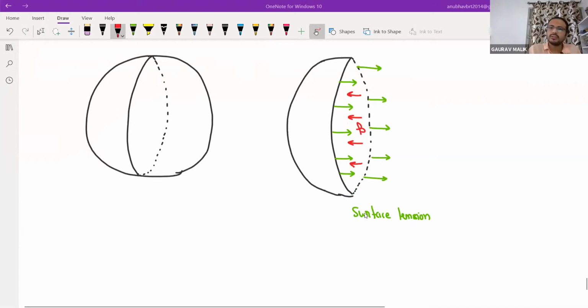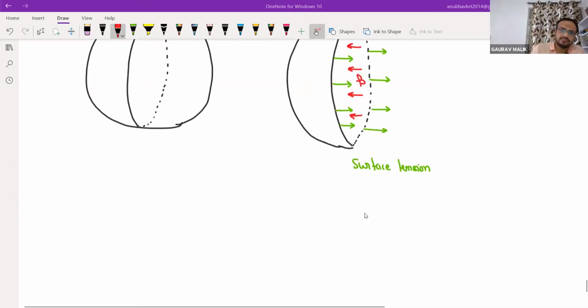That is just a way of representation. Very good. So both are in opposite directions. The pressure force is in this direction and this one is in this direction.